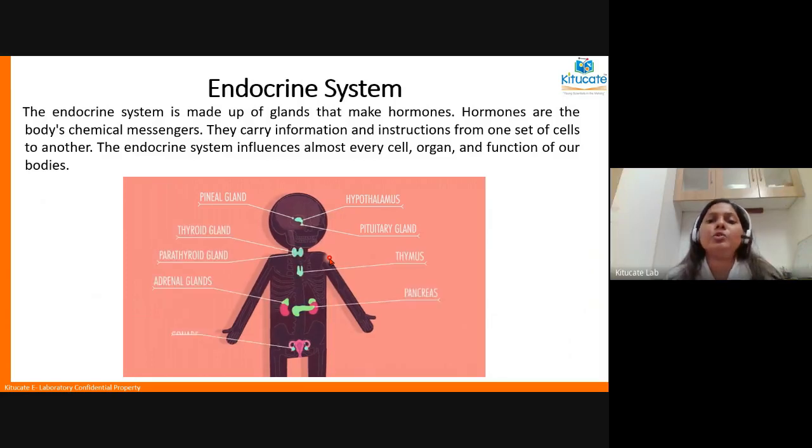Now, the most important endocrine gland is the pituitary gland. Can you see this? Here is the pituitary gland. The pituitary gland is the master gland. It takes care of the functions of other endocrine glands. It is the boss of other endocrine glands.